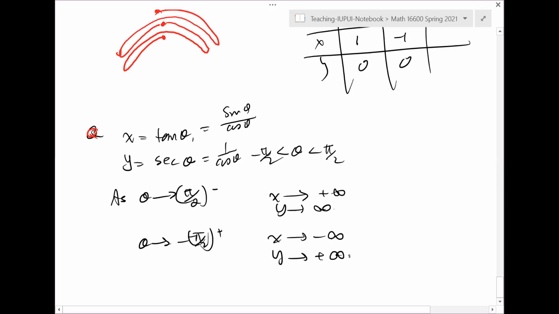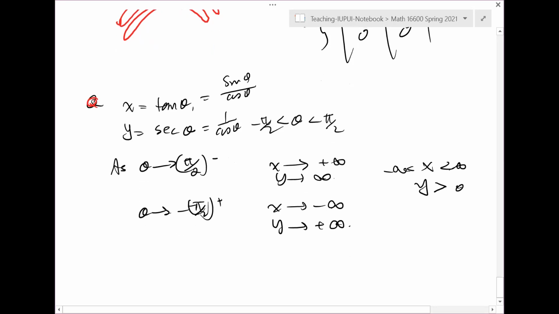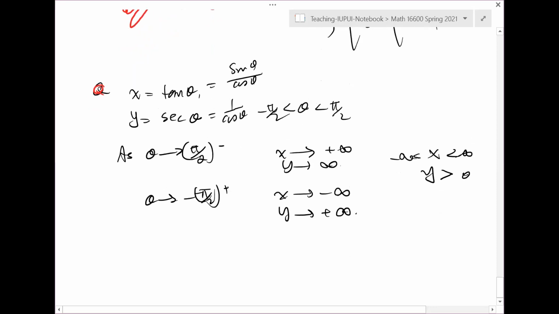So the graph, x is from negative infinity to positive infinity, and the y value is always positive, right? So you can see that x is from negative infinity to positive infinity, y is always positive, never negative. So this is a graph above the x-axis. Now, let's try to find the relationship between x and y.